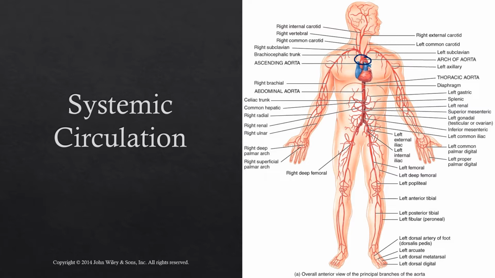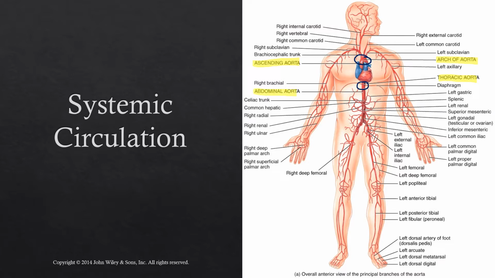Now the aorta is the largest artery of the body, and it has a diameter of about 2 to 3 centimeters. It has 4 principal regions. The first one is the ascending aorta, the arch of the aorta, the thoracic aorta, which is going to be right here, and then also the abdominal aorta.